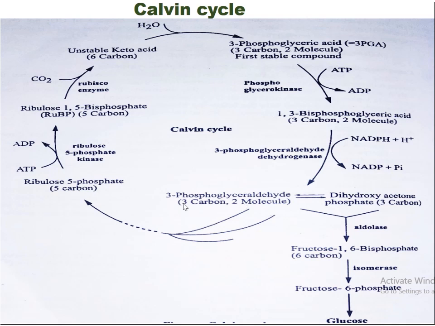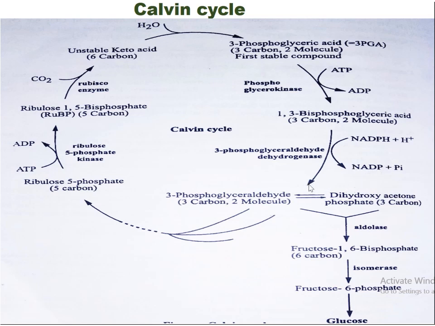But this 3-phosphoglyceraldehyde has a single phosphate at the carbon 3 position. So one phosphate is removed from 1,3-bisphosphoglyceric acid, which is catalyzed by this enzyme 3-phosphoglyceraldehyde dehydrogenase. So one molecule of NADP is produced in this step.